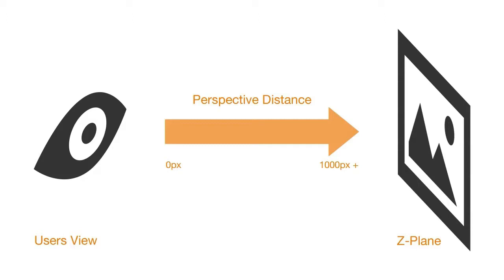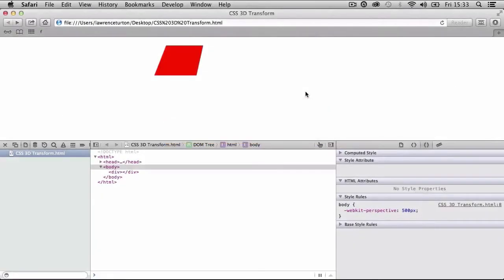So that's also something very important to remember. And the perspective property only affects 3D transformed elements, whether it be translate, scale or rotate, it will only affect those elements with those transformations on them.